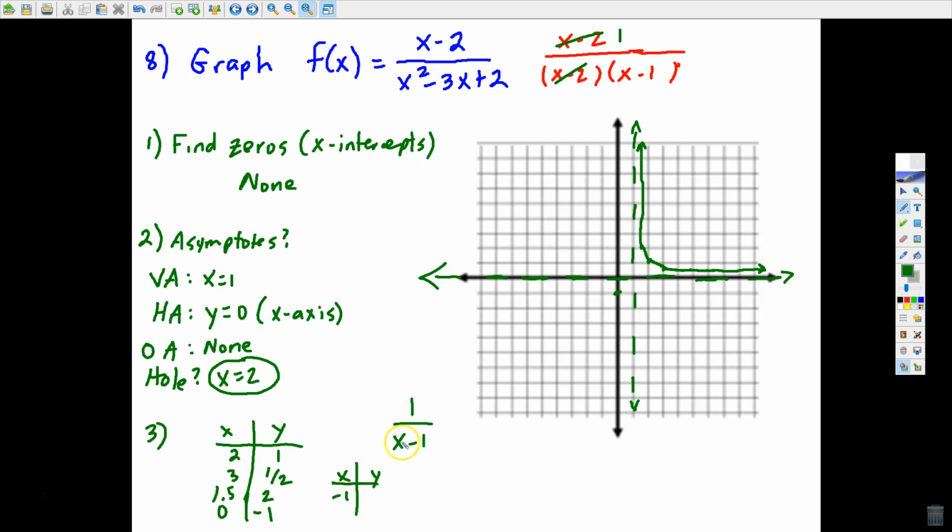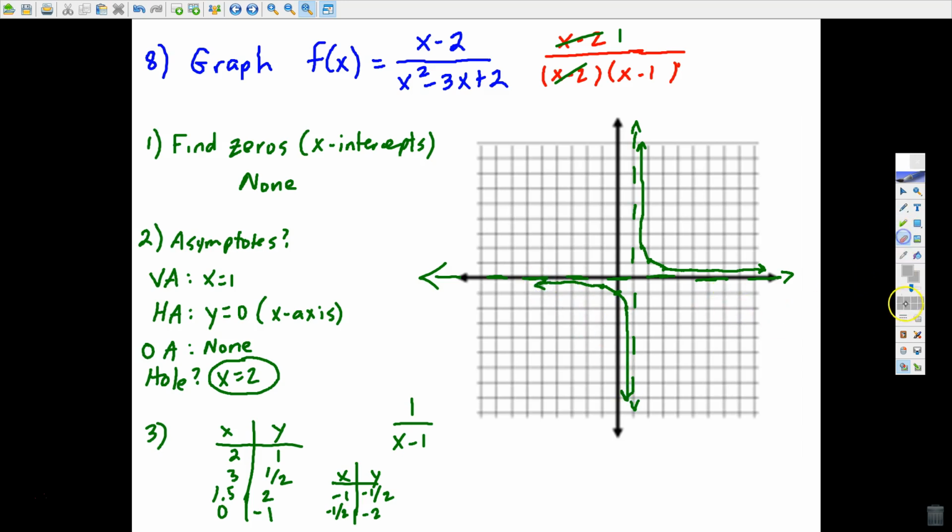If I input negative 1, I get output negative 1/2. And it looks like it's doing pretty much the same thing down in this area. And if I input negative 1/2, I'm going to get output negative 2. And so this ends up being the other part of the graph.